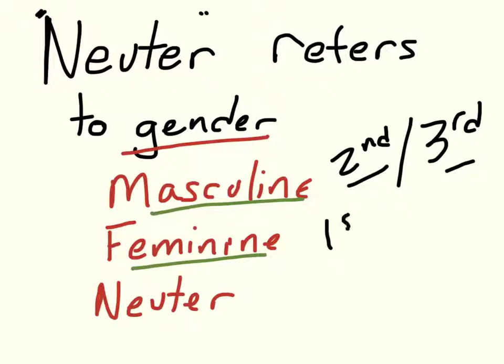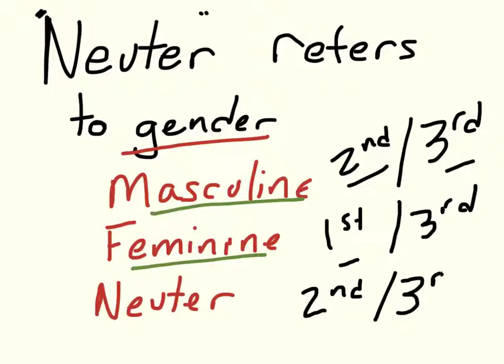And feminine, most of first declension nouns are feminine, as well as some third declension nouns. Neuter nouns, most of them we will find in the second declension, as well as some in the third. So you can see that gender doesn't really play that large of a role in what declension a noun is. Although you can draw some basic lines between them.